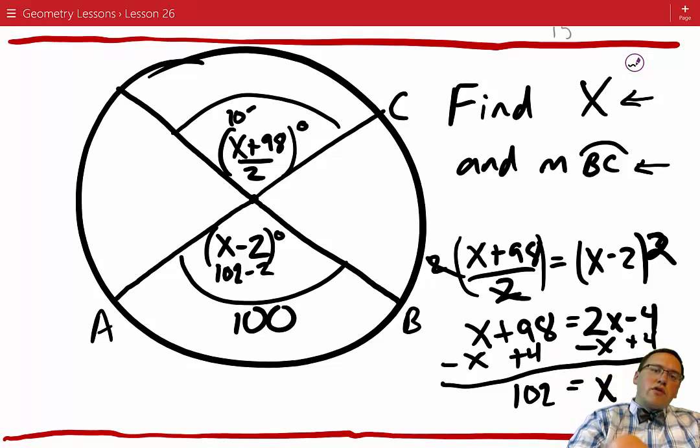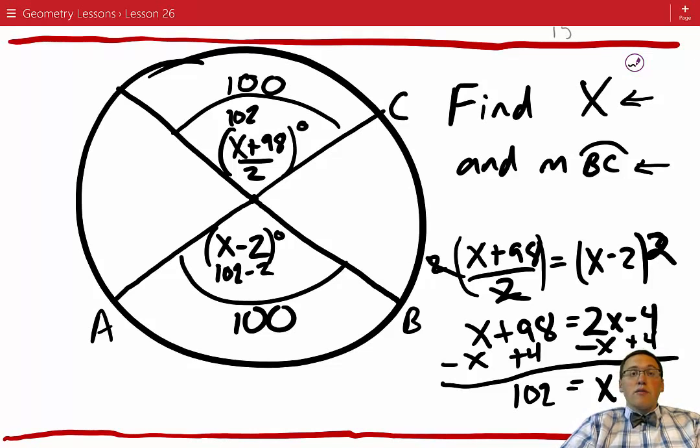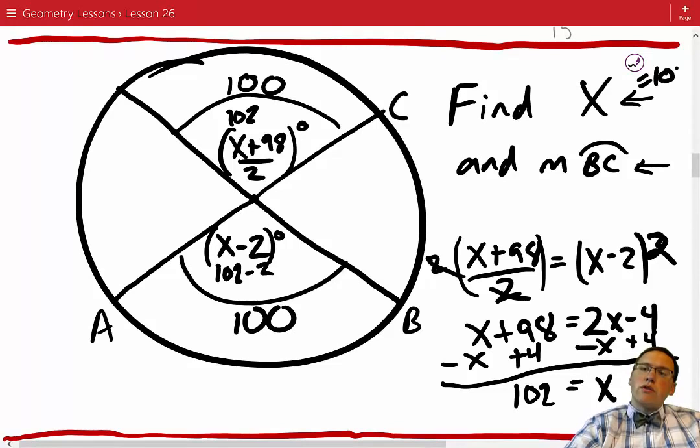If we would do 102 plus 98, that would be 200 divided by 2. The central angle would be 100. So you got to be careful for ones like this, and you saw me almost make that mistake. Once you figure out what x is, you should plug it back in to find out what that central angle is. So x equals 102.